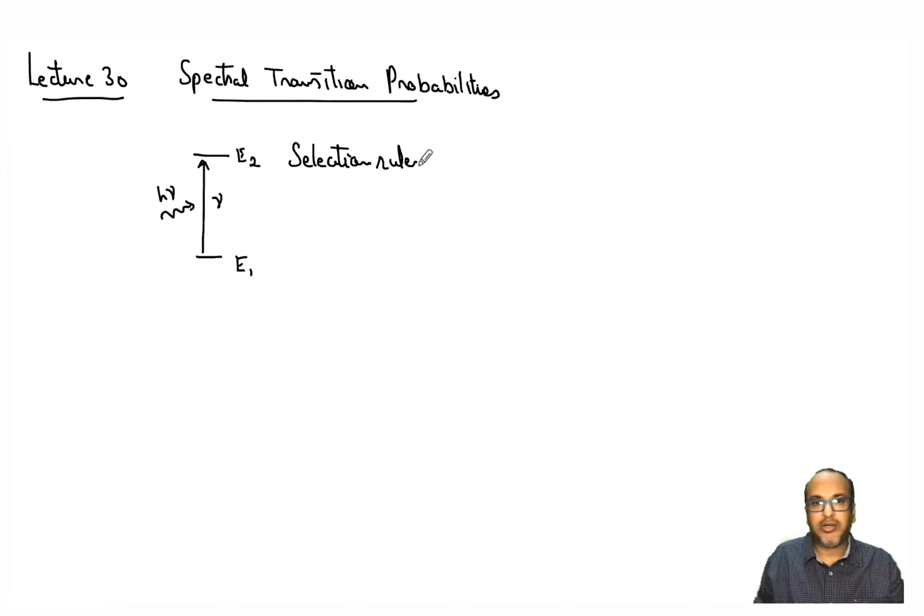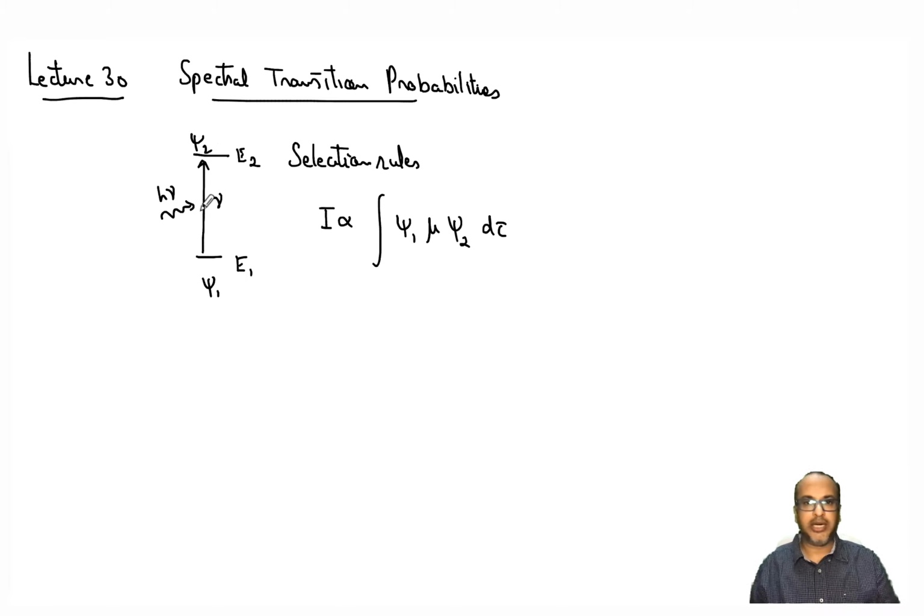You must have learned in spectroscopy whether the transition will be possible or not. So let's say, how does the selection rule come actually? The intensity of this transition will be directly proportional to the integral of psi 1 mu psi 2 d tau, where psi 1 defines the state 1, the ground state, and psi 2 defines the excited state, right?